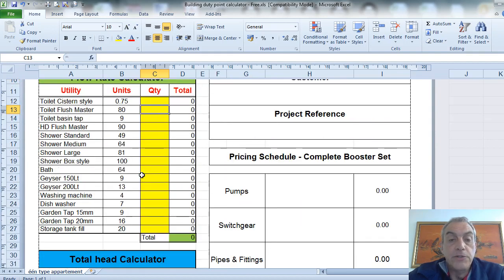All right, so let's assume that we're on an office complex, okay? And on this office complex, we have all flush masters, and in total there are 16 flush masters on the premises. Now, 16 basin taps, these are hand wash basins.